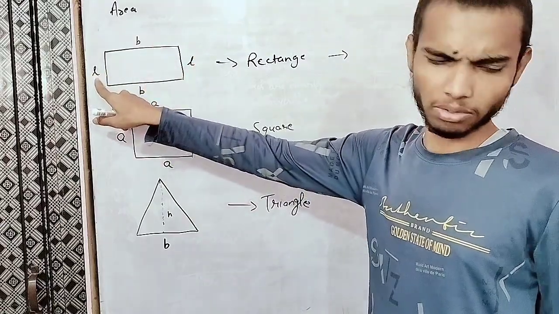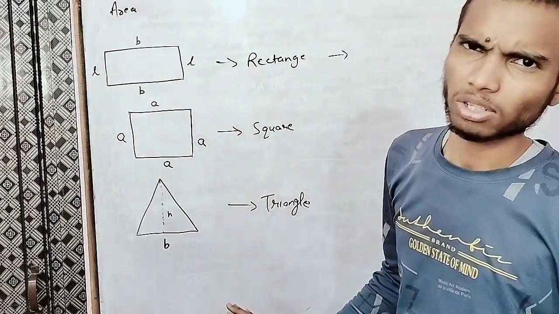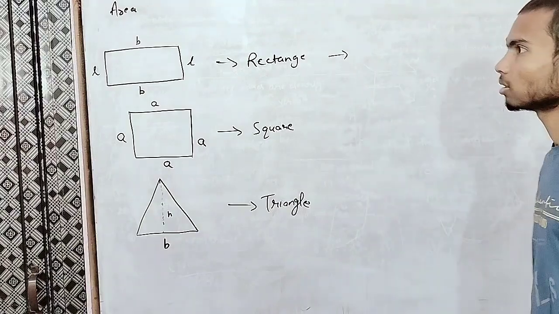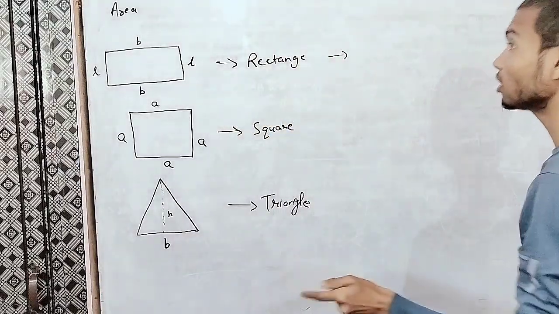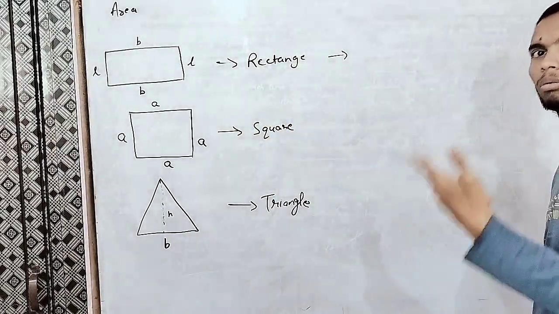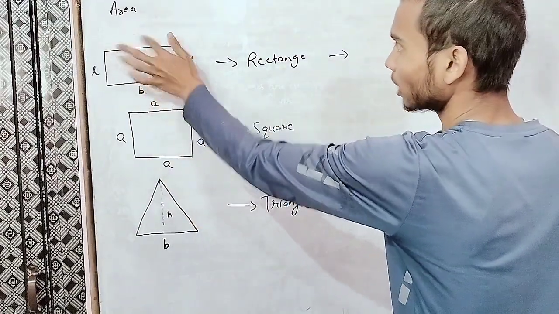Here the measure of this side is 4 centimeter, so of course the measure of this side will be 4 centimeter. I told you we won't take the same side again. We will take it only one time.